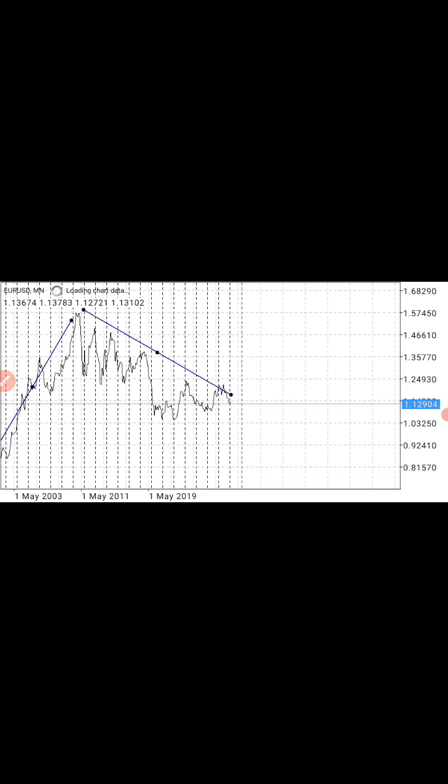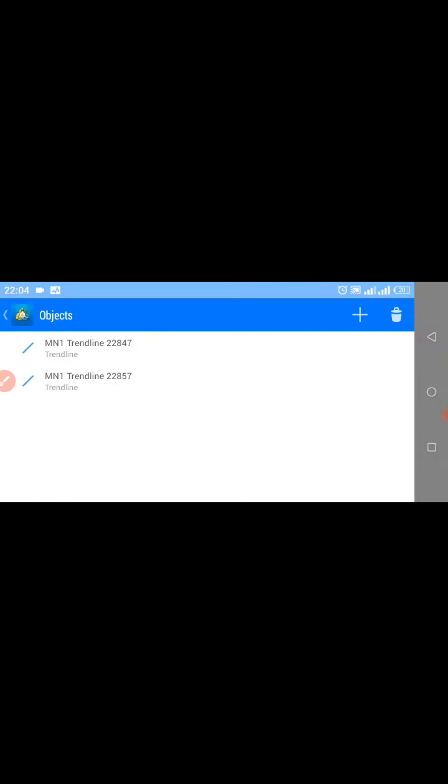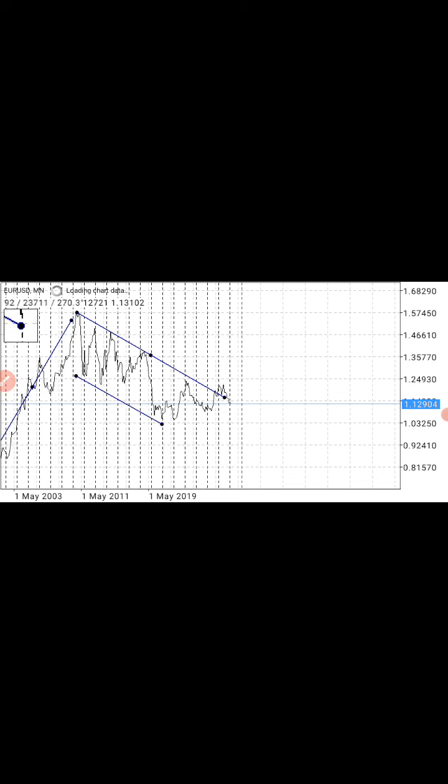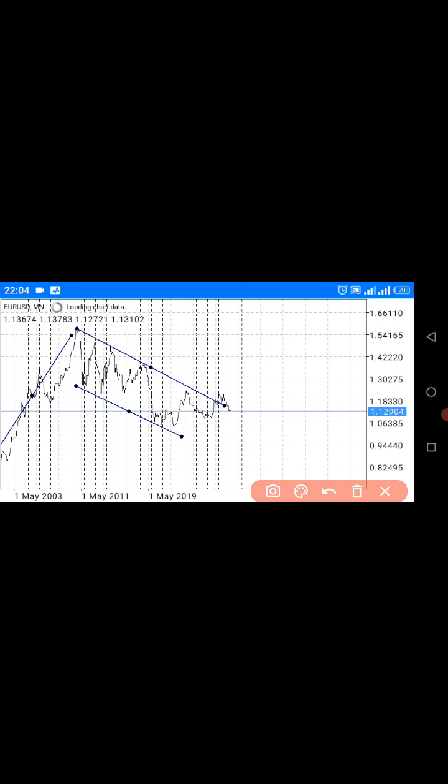I am fond of using line charts because through a line chart I can draw my trend line clearly. Yes, I see I have an impulsive movement here. Now this is what I have: corrective movements and impulsive movements here.